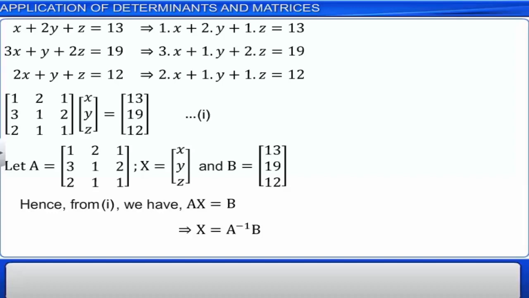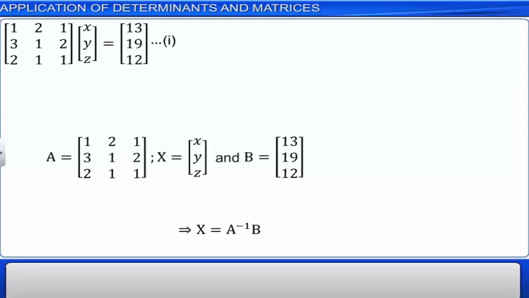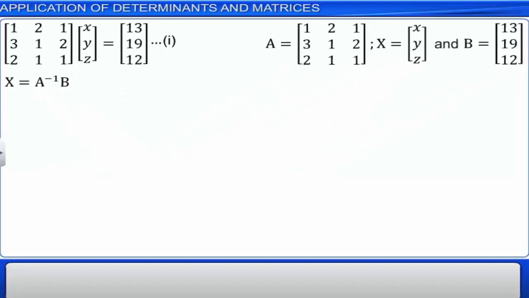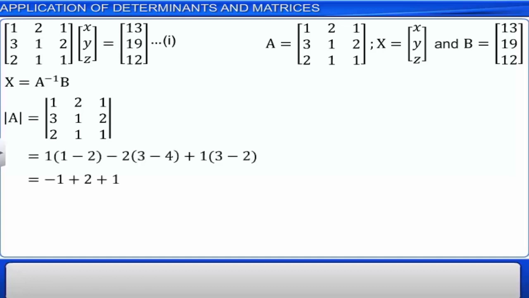Let's begin by finding A inverse. First, let us check if A inverse exists. First, we have to find the determinant of the given matrix. Determinant A is non-zero. This implies that A is a non-singular matrix.